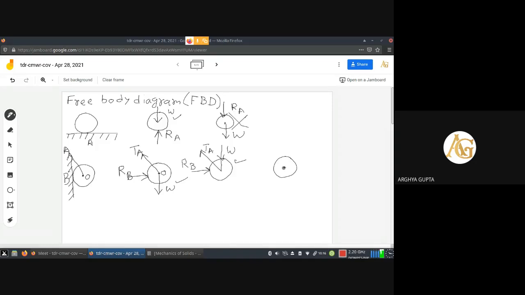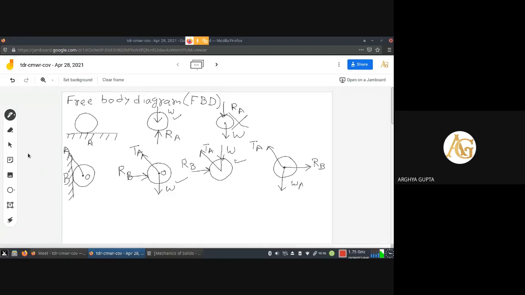If I want to draw all the forces away from the center, then I can draw RB like that. TA is already away from the center, and weight force is like that. So hence you can calculate the things easily.